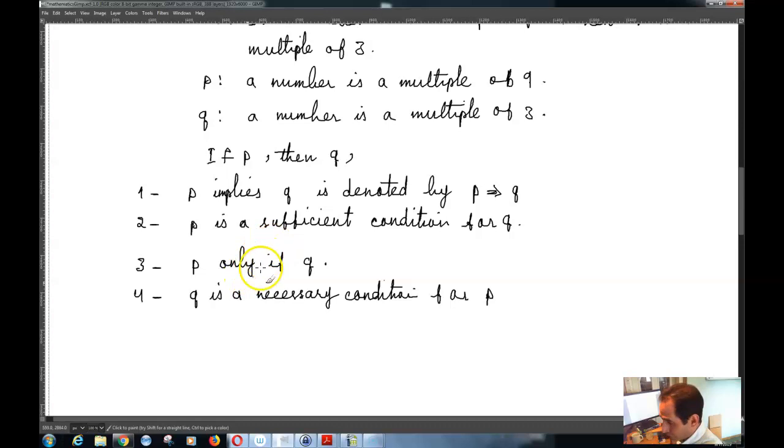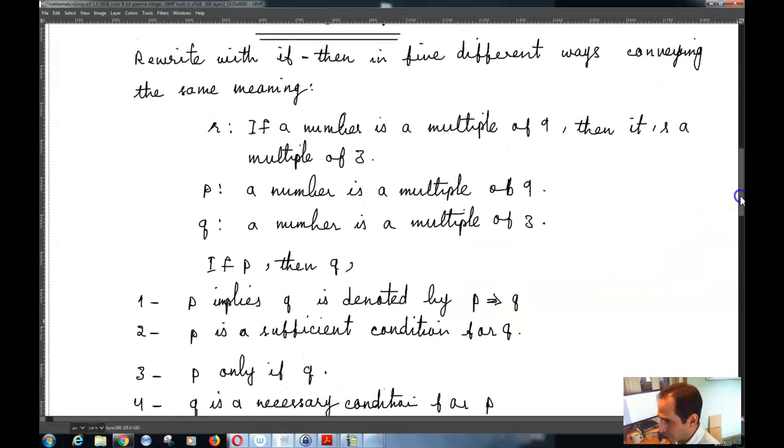And also number 5, we said that not Q implies not P, meaning that if a number is not a multiple of 3, it's not a multiple of 9. Okay, so that's the example that we had.